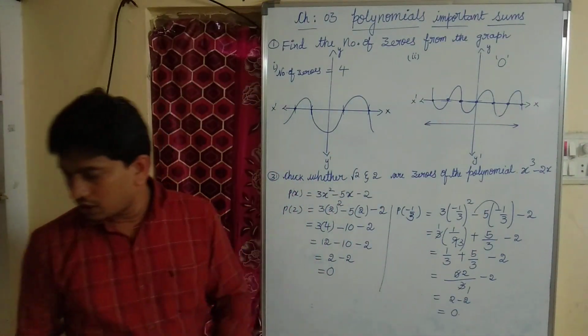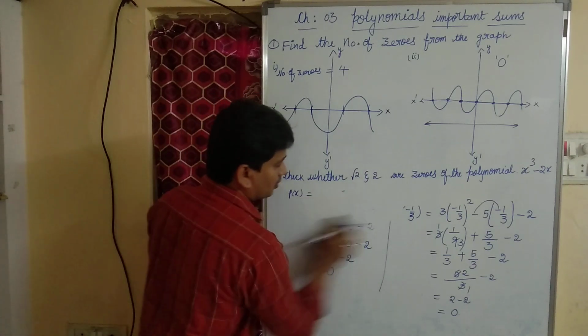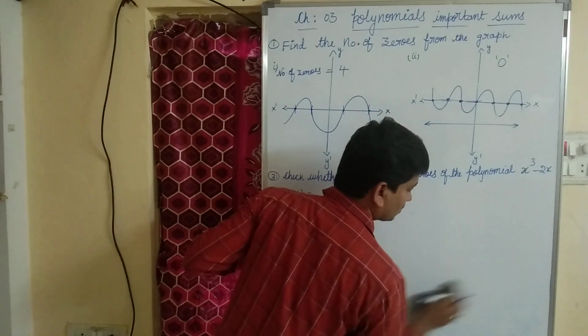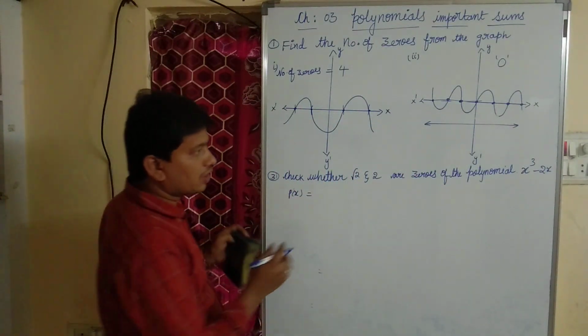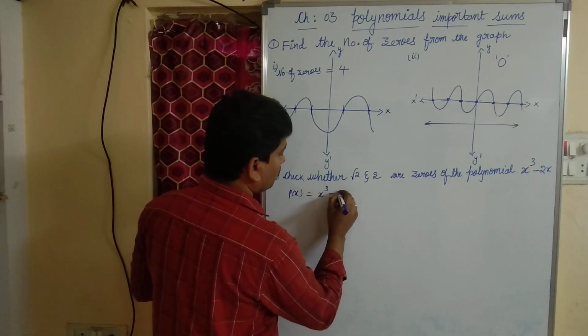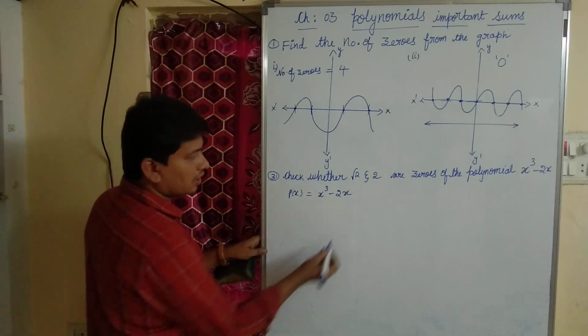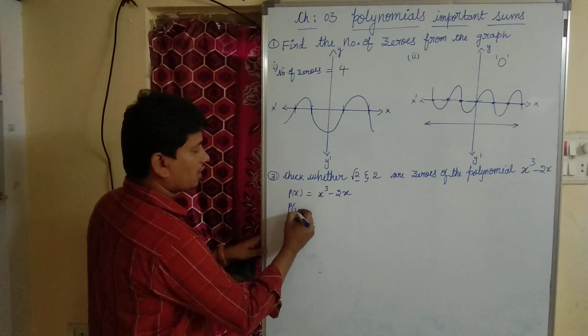So let us solve this problem. Given polynomial p of x equal to x cube minus 2x. So first let us substitute root 2 in place of x, I mean p of root 2.